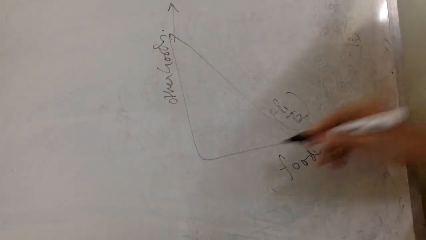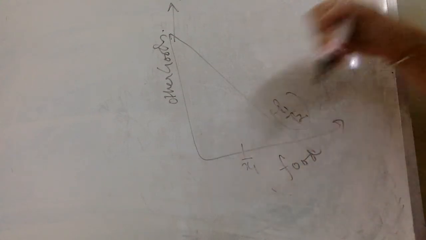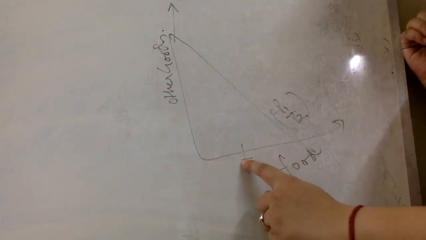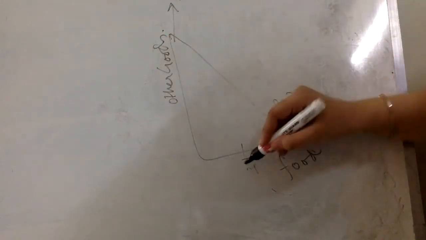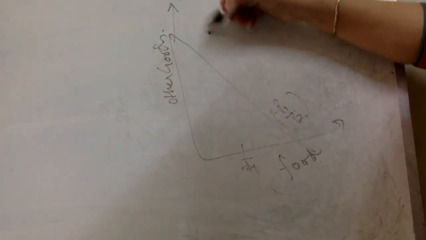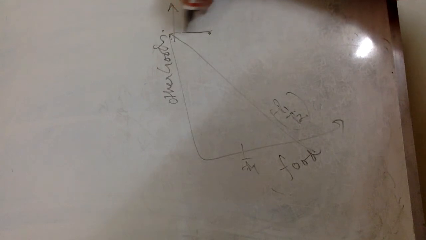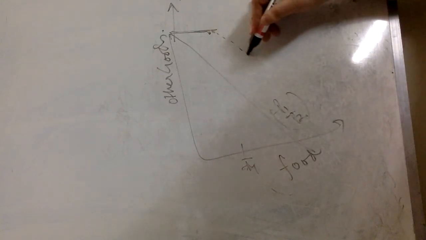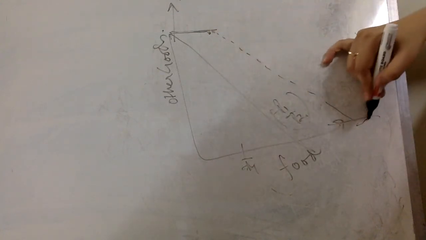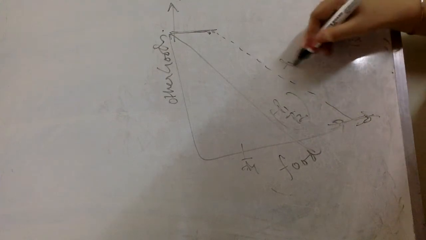Now I have 100% subsidy being given up till x1 bar, meaning this is completely cheap, and all we have to spend is on the other good. That means up till x1 bar commodity purchase, I can spend entire income on the other good and have x1 commodity for free, beyond which there is a trade-off again with the slope minus P1 by P2.